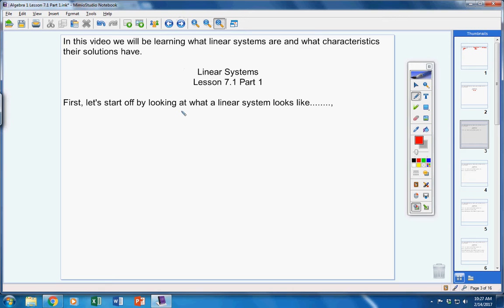First, let's start off by looking at what a linear system looks like. I would like you to not take notes yet, just listen and let me ramble, and then write things down in a second. First of all, the first word in linear system is linear, so obviously we're dealing with linear equations. So this would be a linear equation, because both of your variables have a power of 1, or an exponent of 1.